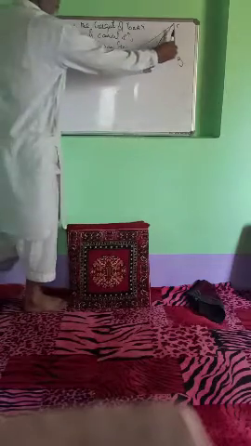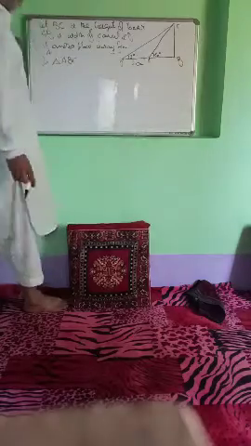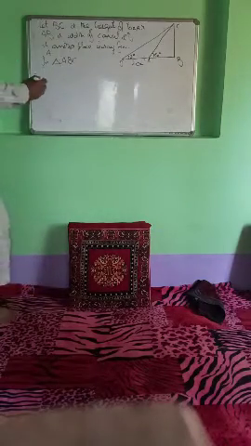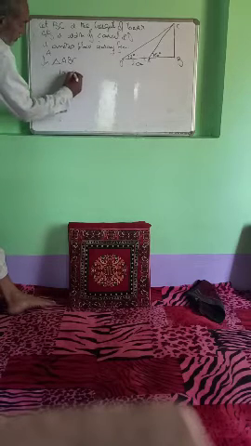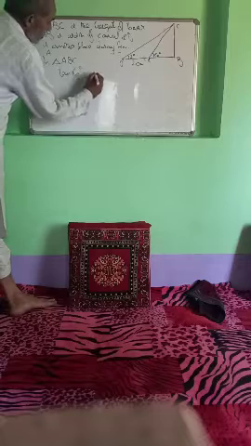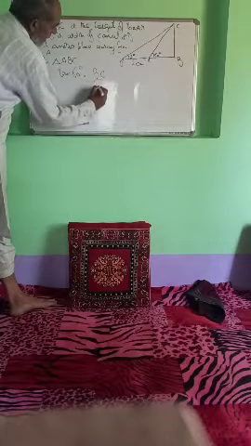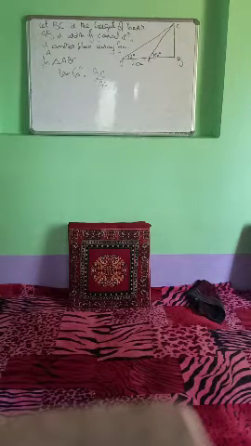If this is the side opposite to the given angle and this is the adjacent side, we will take the tan ratio of angle 60. Tan of 60 degrees is equal to BC divided by AB, and tan of 60 is root 3.